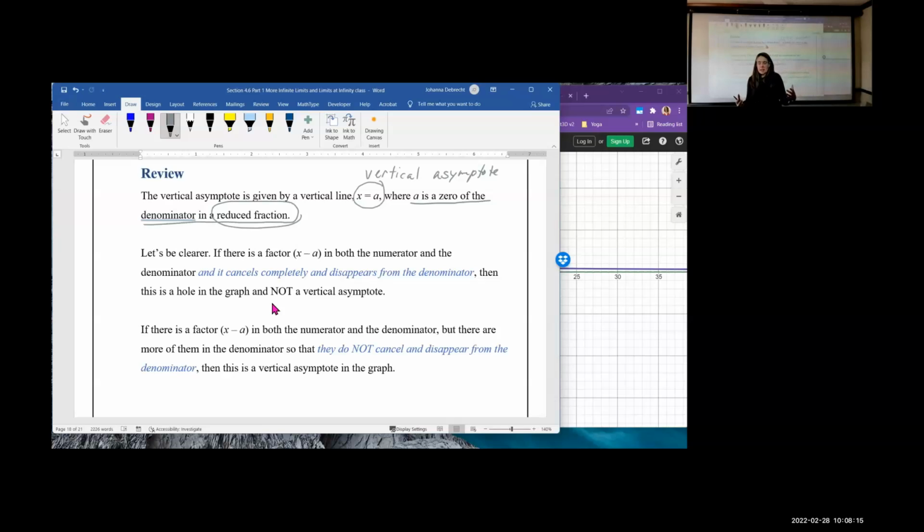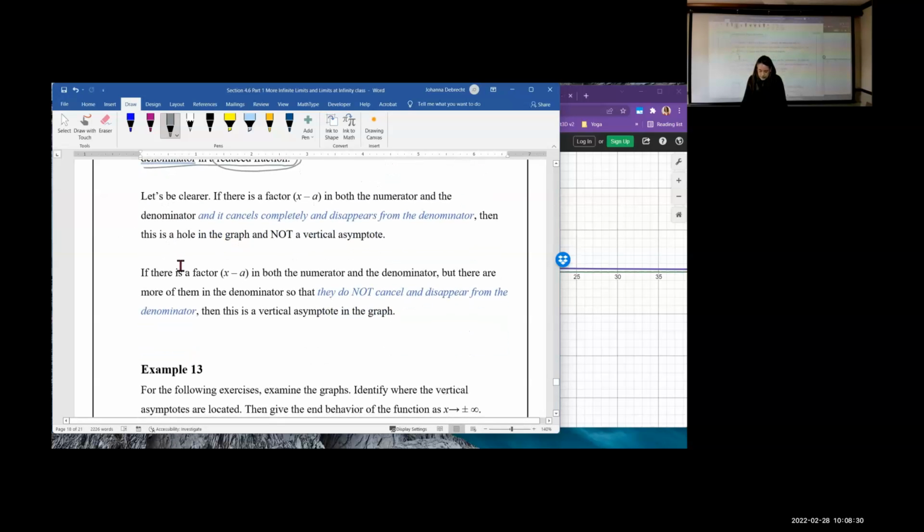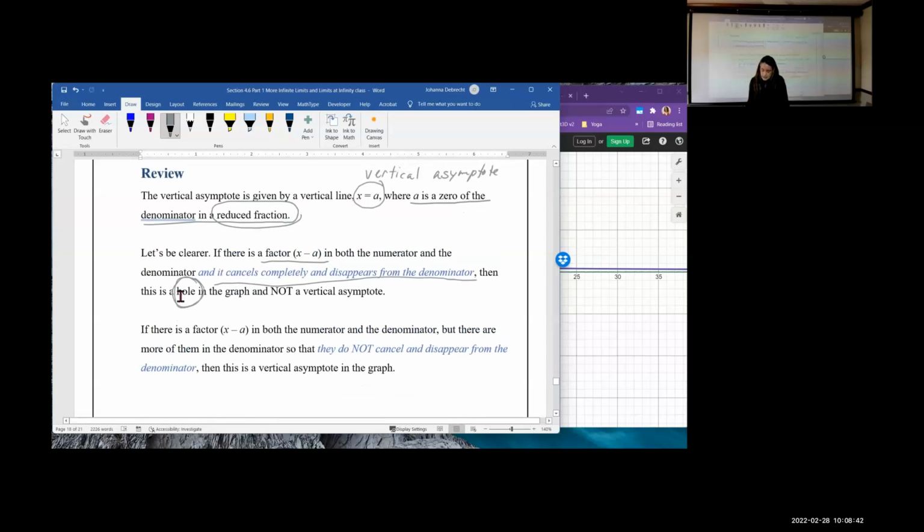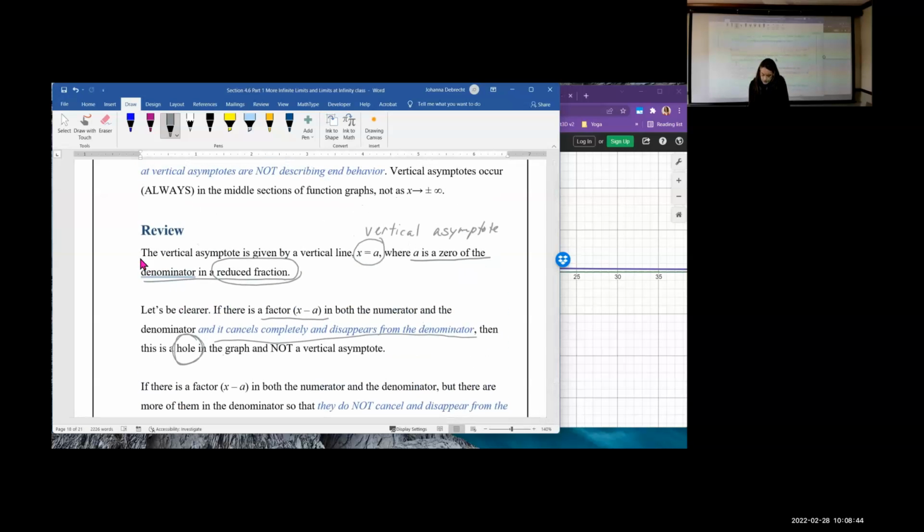I know it's complicated. Rational functions are really very complicated. It takes a long time to master them. And don't worry, because when we come back to chapter 4, we'll be doing exactly that. We'll be talking more about it. Okay. So if there's a factor x minus a and it cancels completely and disappears, then it's a hole in the graph. Okay. So let me take an example and show you what I mean.